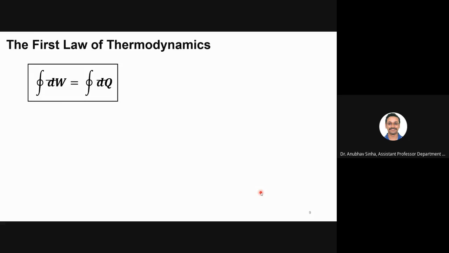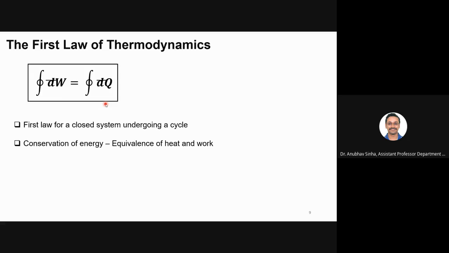This is one of the forms. We'll see there are different forms in which we can express the first law. This is one of the historically important forms. This is what Joule derived. Joule said that for a cycle, dW is equal to dQ.